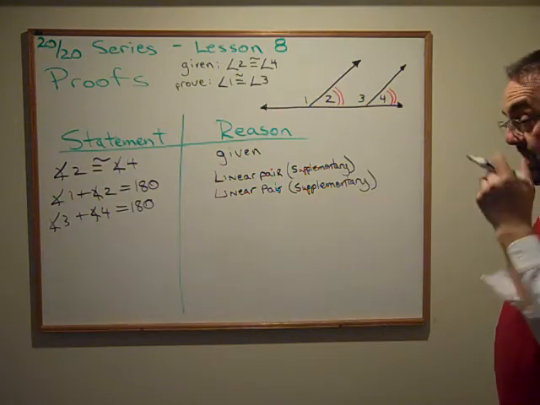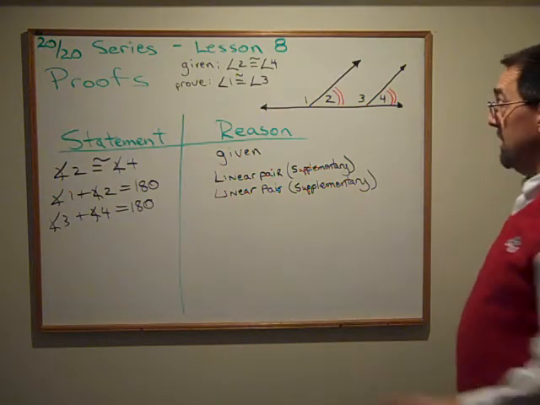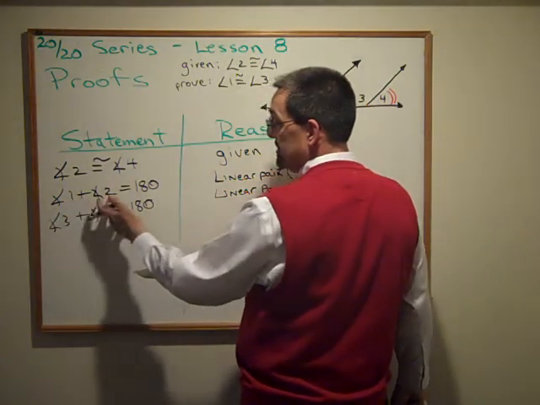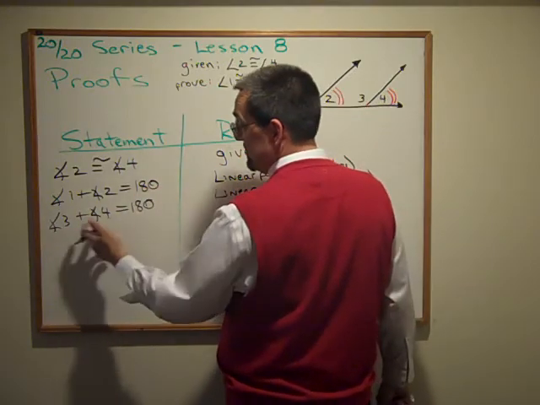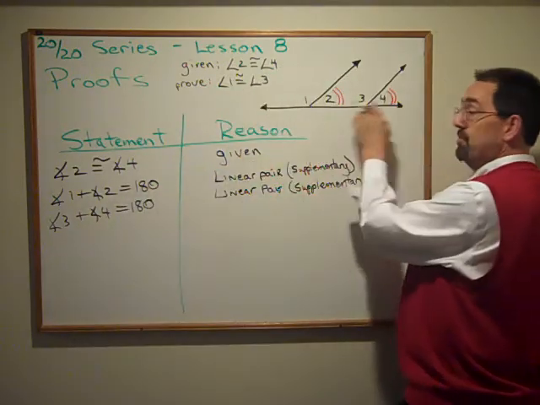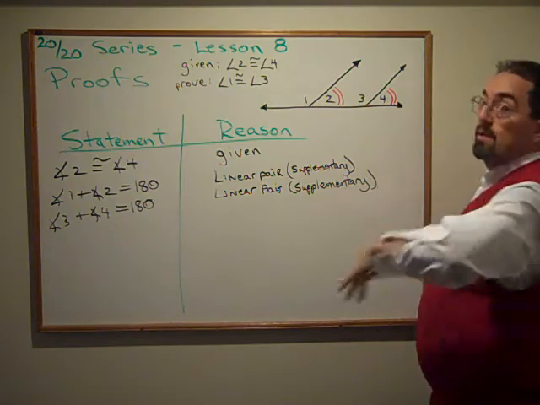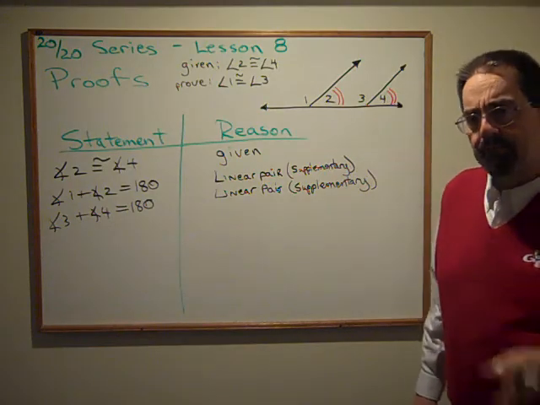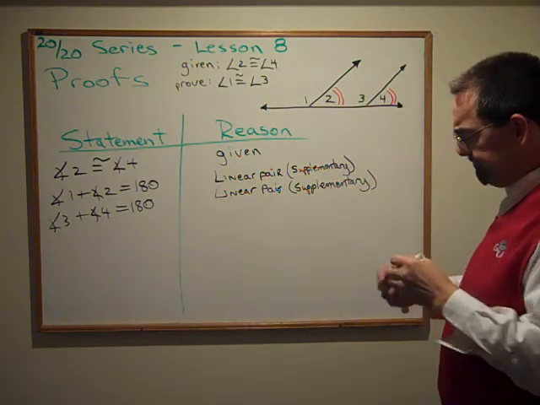Now, some of you probably see if 1 plus 2 is 180 and 3 plus 4 is 180, and 2 and 4 are equal, you could probably jump to the next step. But let's say you don't see that.